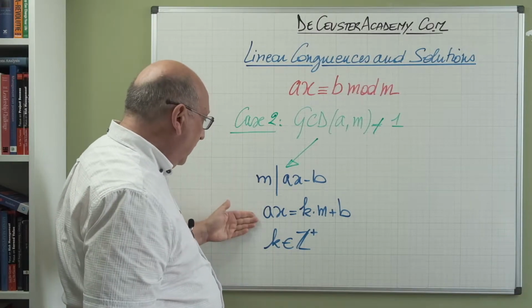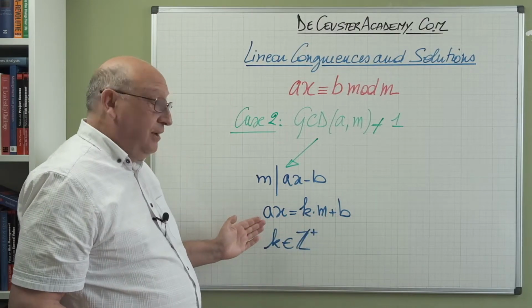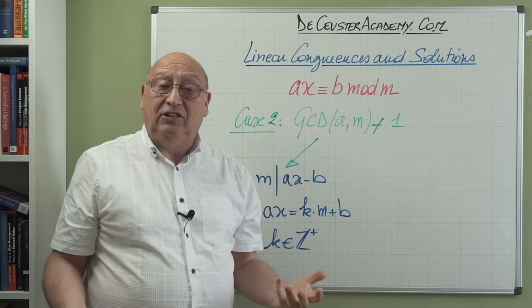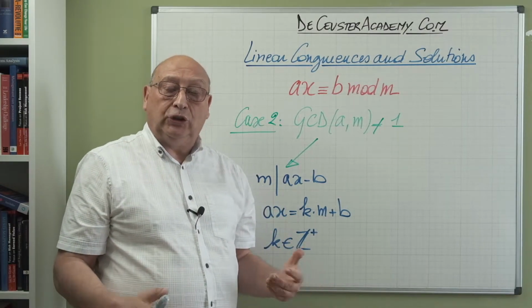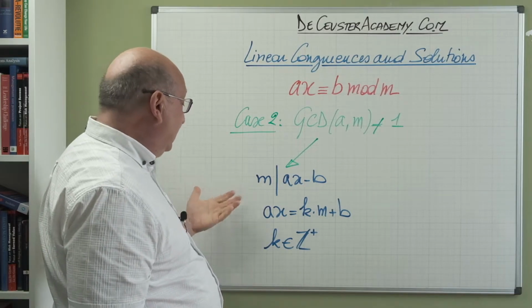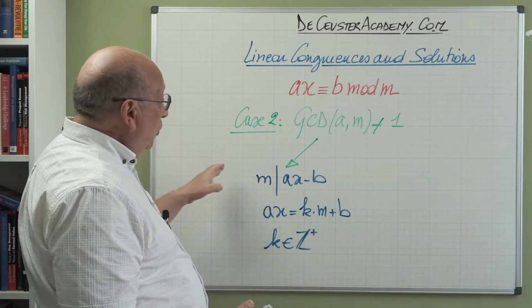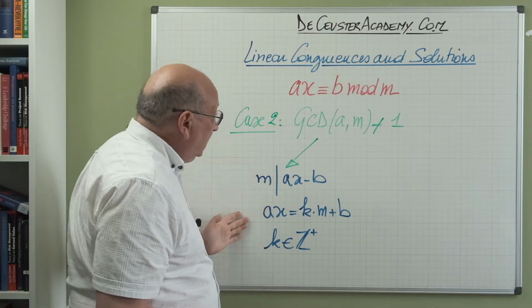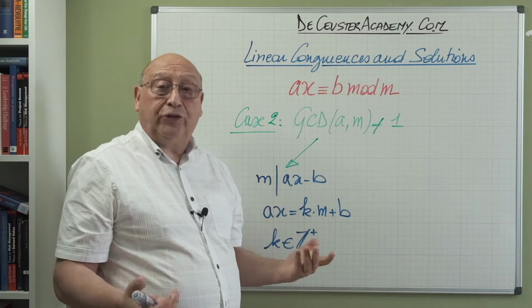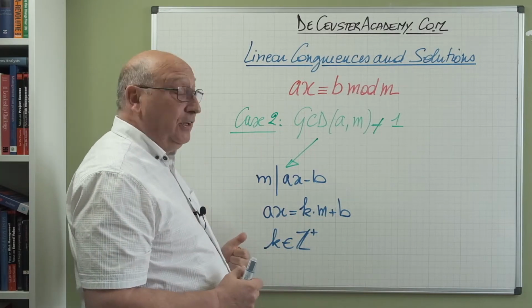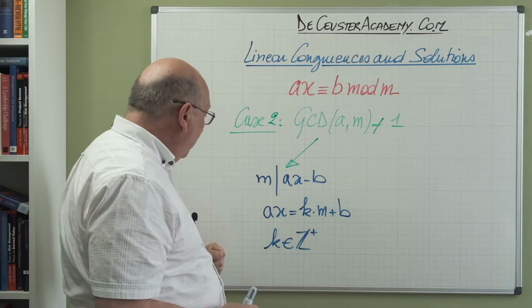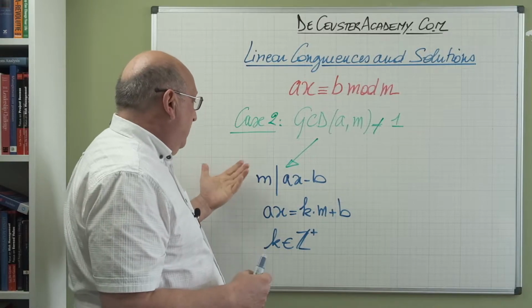So we can start from 0, verify that AX is equal to B, and if X is an integer, then we have a solution. We do that the number of times that it is necessary. Like we said before, we have GCD of A and M solutions, which are all separated by M divided by the GCD of A and M. So that's one way to resolve this problem.